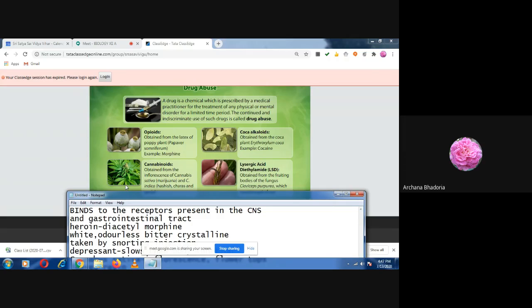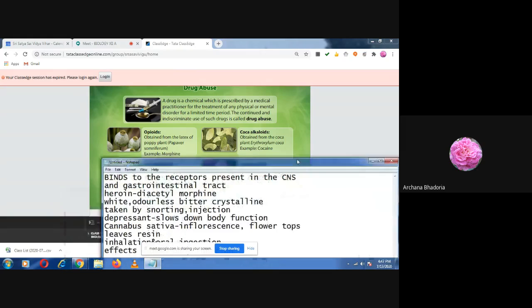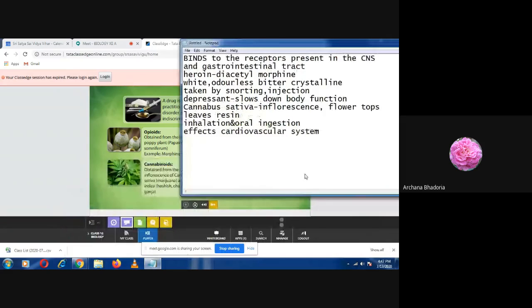Now, which system is affected and what is the way of taking? So remember, coca alkaloid, what will it be doing? It interferes with the transport of the neurotransmitter dopamine.